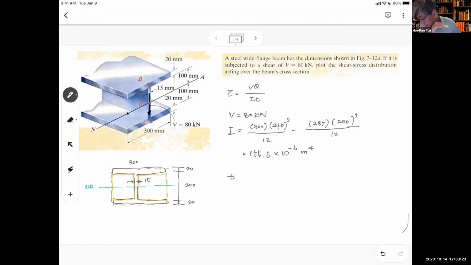We have the flange t, which is 300 millimeter in the flange, and 15 millimeter in the web.